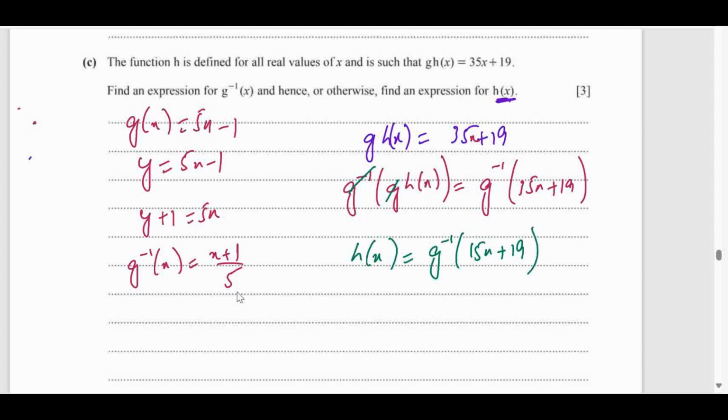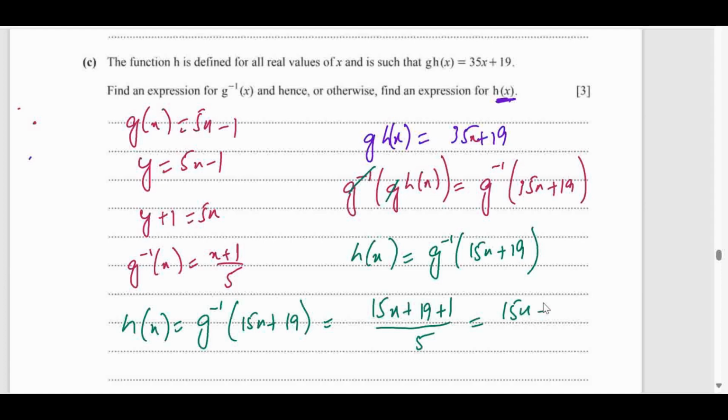Now we know that g inverse of x is this thing, so g inverse of 15x plus 19 means that this will be (15x plus 19 plus 1) whole divided by 5, which means (15x plus 20) whole divided by 5.